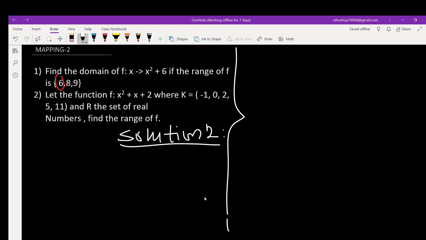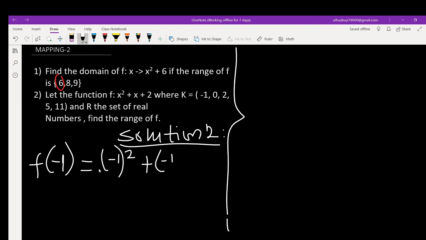We can find the first one, which is -1. So we have f of -1, and that will be equal to what? Substitute whenever you see x. Initially what we have was f of x, but here we have now f of -1. That will be (-1) squared plus (-1) plus 2.